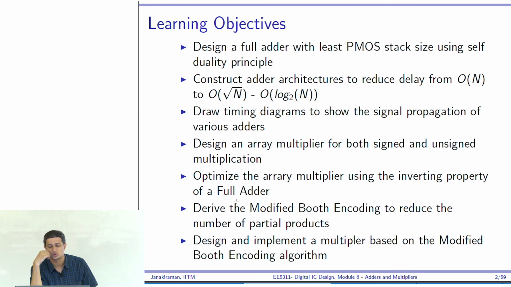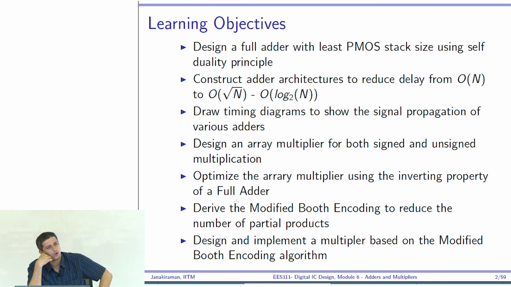Then timing diagrams to show signal propagation of various adders, that is static timing analysis, arrival times, right, and why we get benefits. Then array multiplier for both signed and unsigned multiplication, that's what we did today. Then optimize the array multiplier using the inverting property, that's what I told you, where if you use a NAND gate instead of AND gate, then you can use this inverting property and optimize this further, right.